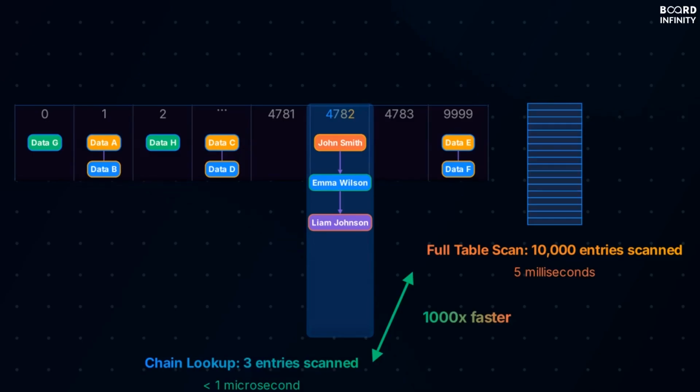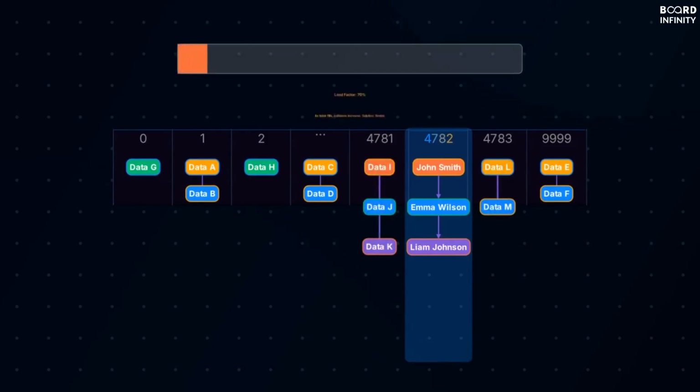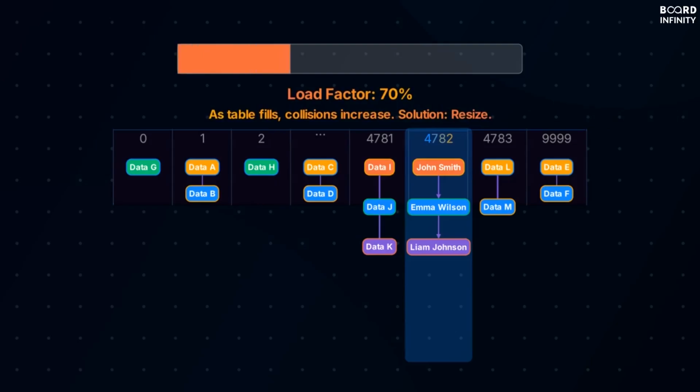But efficiency isn't guaranteed indefinitely. As a hash table becomes more populated, its load factor increases. This means more slots are occupied, leading to more frequent collisions and longer chains. If chains become too long, lookup time degrades, moving away from that ideal constant time performance.